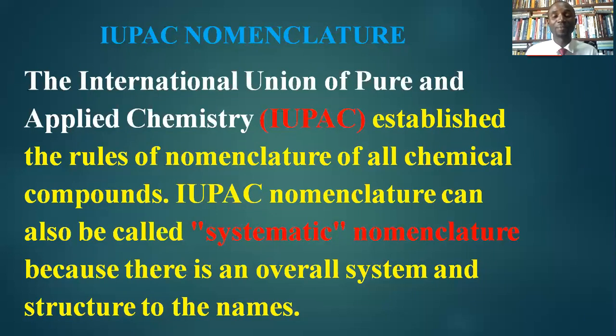Nomenclature just means naming, the nomenclature of all chemical compounds. So IUPAC can be regarded as the systematic nomenclature because there is an overall system and structure to the names. It's an organized way of naming a structure or a compound. So IUPAC is the International Union of Pure and Applied Chemistry. It's a union.